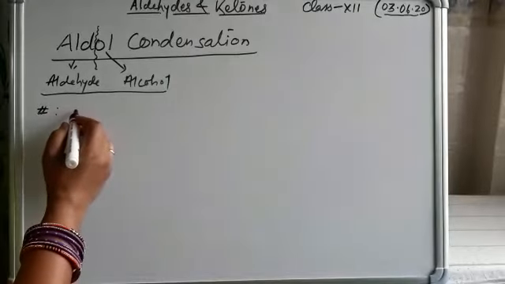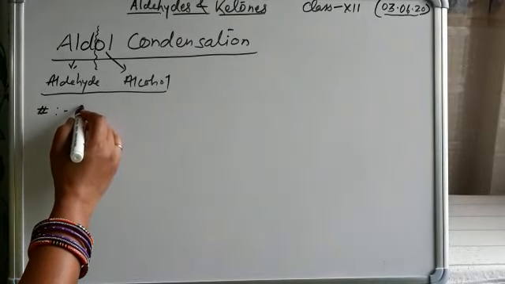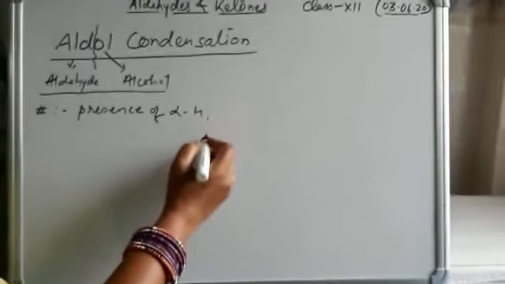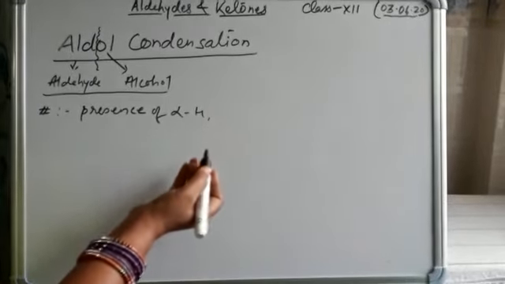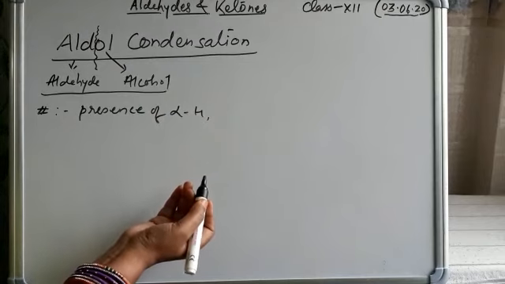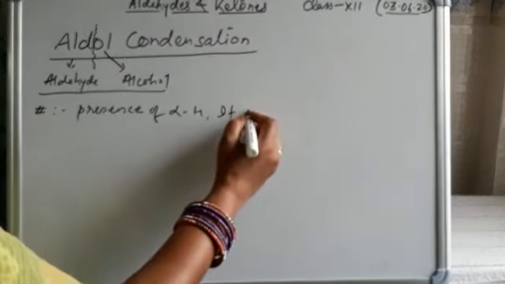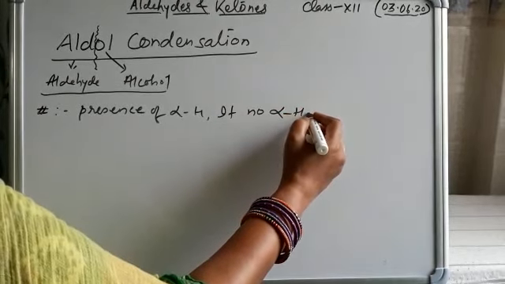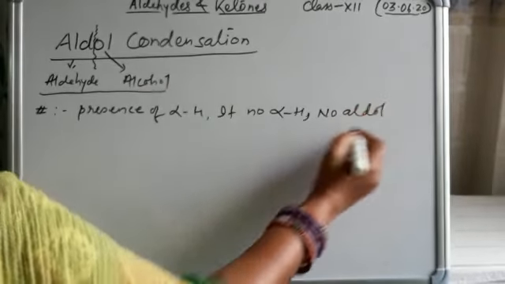Number 1, the presence of alpha hydrogen. If alpha hydrogen is not there, no aldol will be formed. If no alpha hydrogen, no aldol will form.